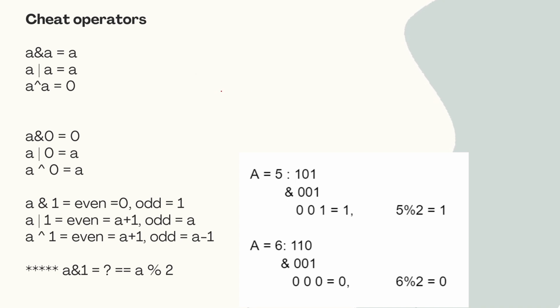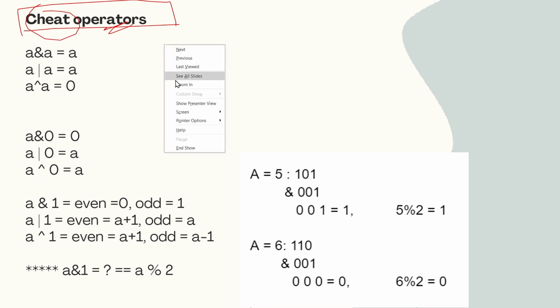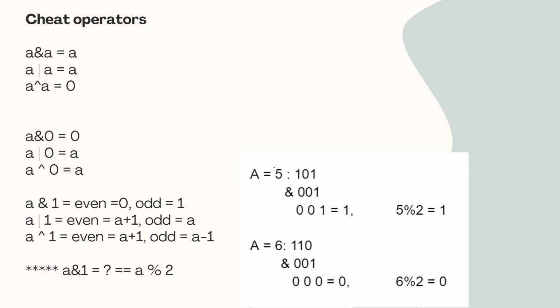Now, the next thing we are going to talk about is cheat operators. Don't think this is a formal name, right? I've given it the name cheat, but don't try to learn it as cheat operators. So what I'm trying to tell you as a part of this is, while you're solving some problems, there is no scope to do everything in depth as long as possible.